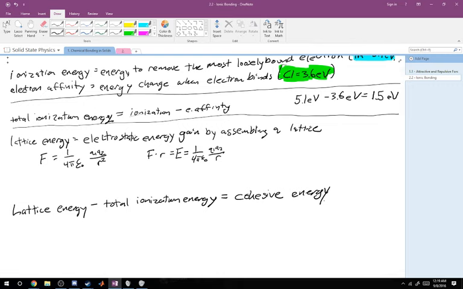So we kind of went through a lot of steps. First, we broke it up into the ionization energy and electron affinity. How much energy change was there? We got the total ionization energy. Then we got the lattice energy, which is the energy gain from assembling this lattice, which is basically the energy between the bonds, the electrostatic energy.